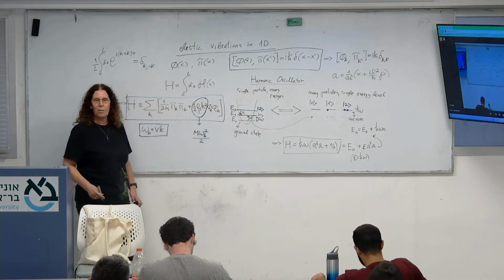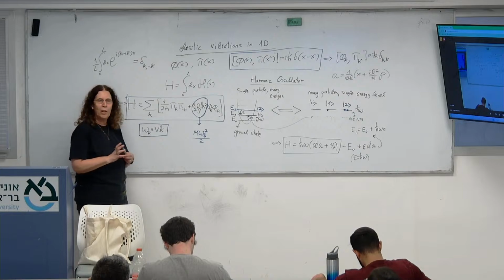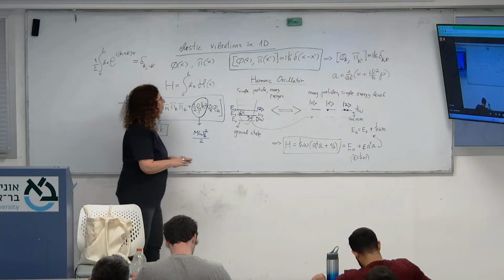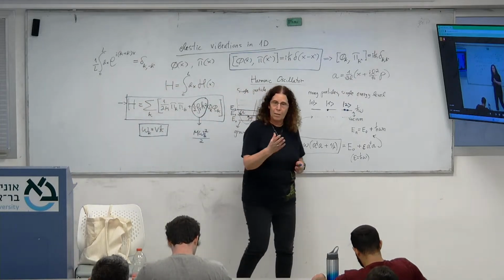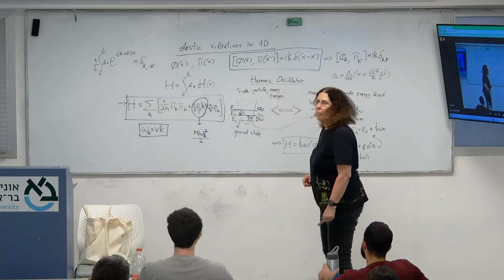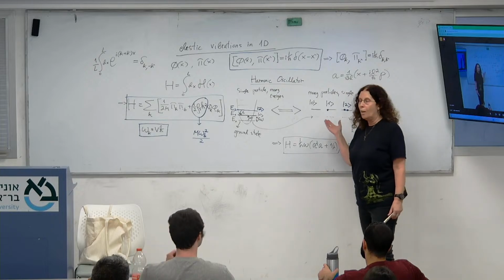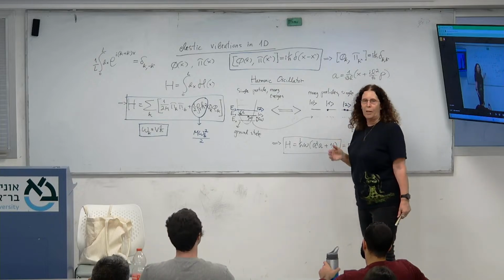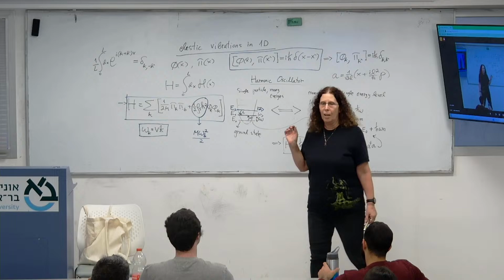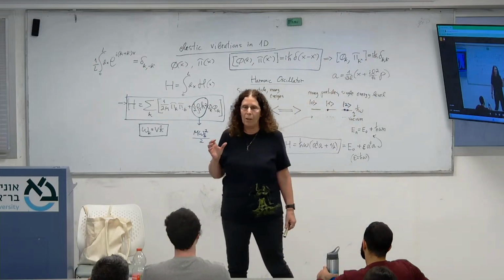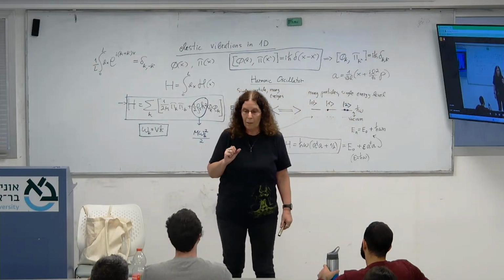Now, notice that there is a special property of these particles. What can I say about them in terms of quantum statistics? They are bosons. Why? Because by definition, I can occupy as many particles as I want in a single quantum state. There's only one quantum state.